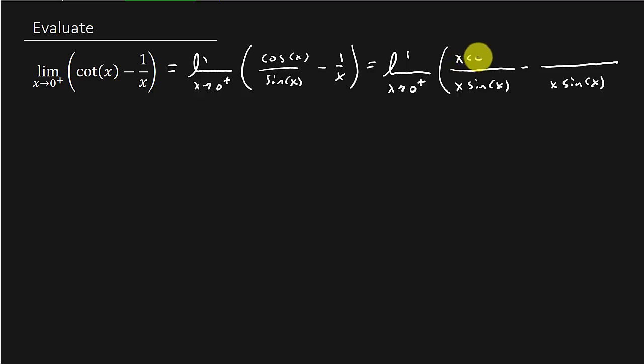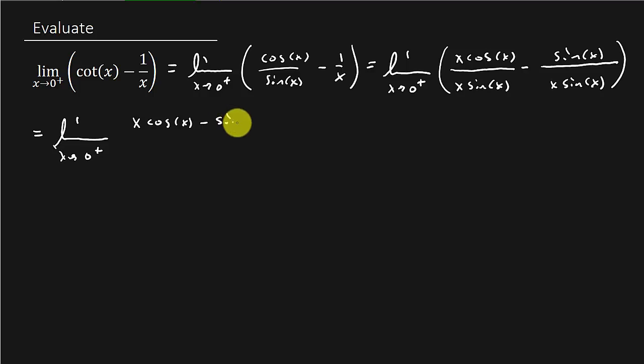So this is going to be x cosine x minus sine x. And that's going to give us the limit as x goes to 0 from the right of x cosine x minus sine x over x sine x. All right, so we get that after we find the common denominator and combine the two fractions.